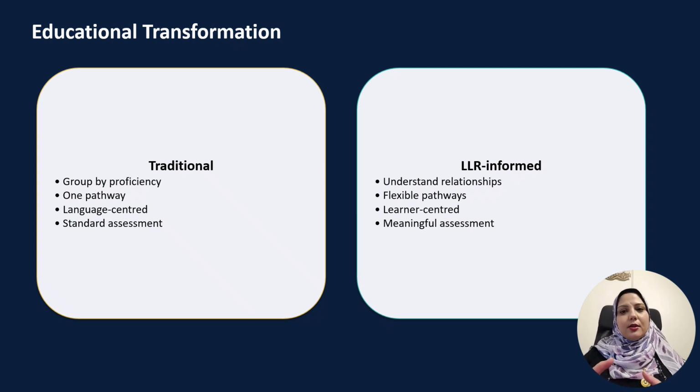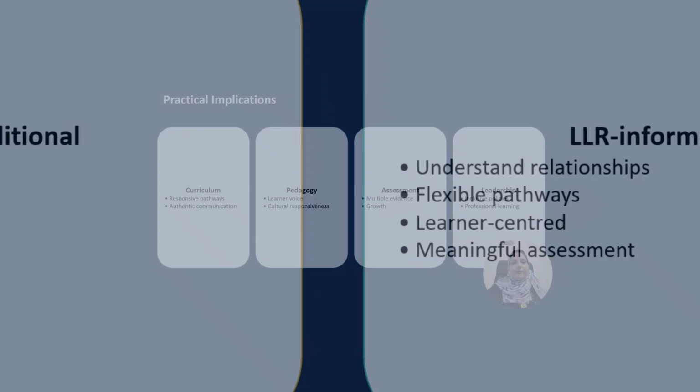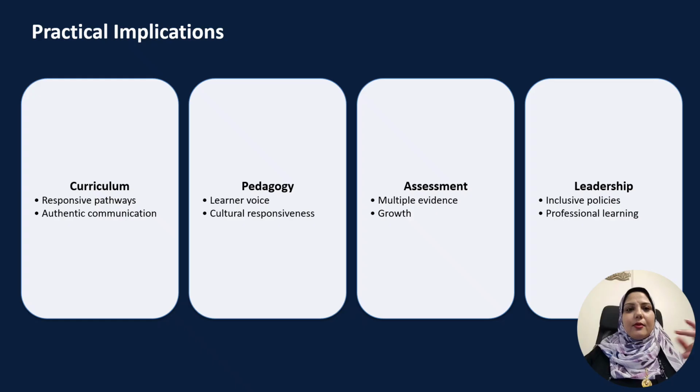Building on this educational transformation, the framework also offers practical implications for teachers, curriculum designers, and school leaders. So, the framework can be applied at multiple levels of educational practice. For curriculum, it supports flexible pathways, as we said, and authentic communication.